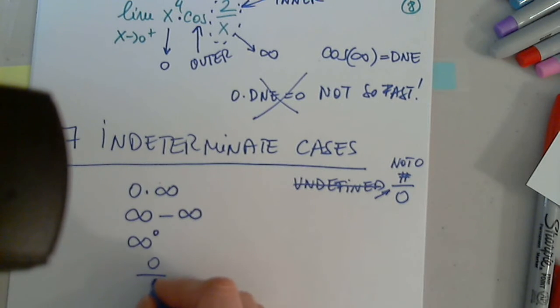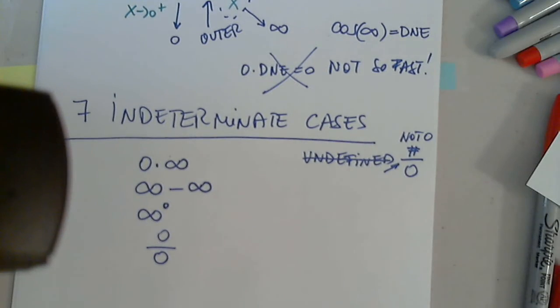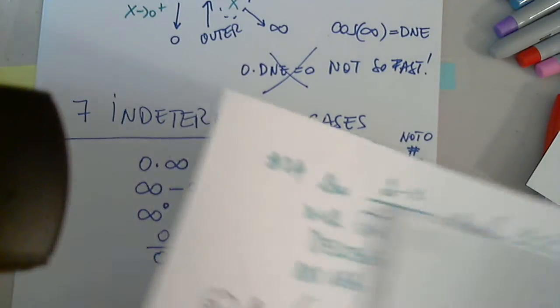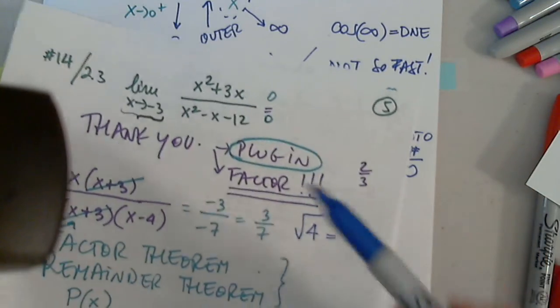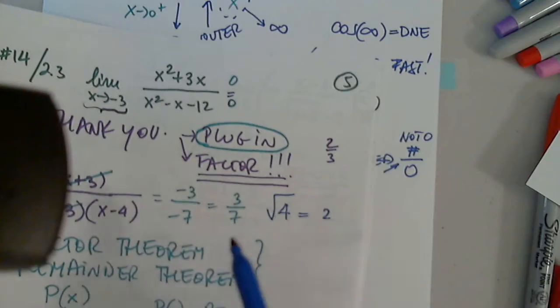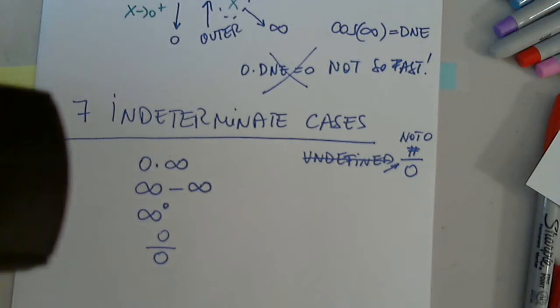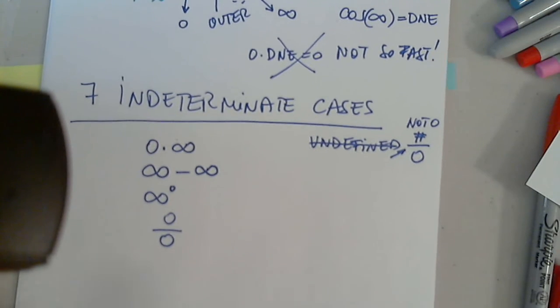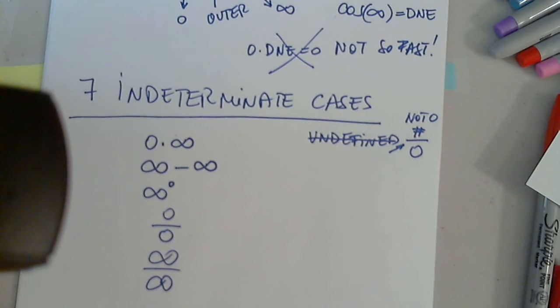Another one is 0 divided by 0. No one knows what that means. How come? Look at this one. This was 0 over 0. And we got 3 over 7. Would you have known that 0 over 0 turns into 3 over 7? No. You wouldn't have. Infinity over infinity. Okay? And we're going to add 2 more later.